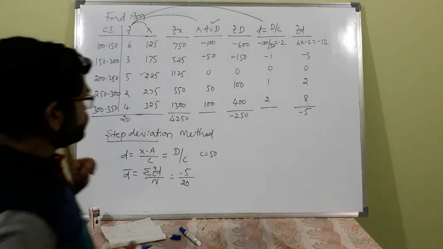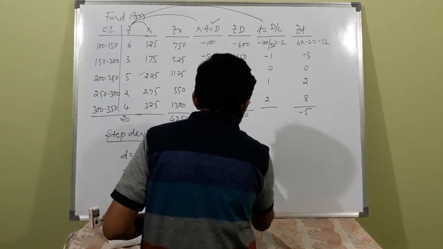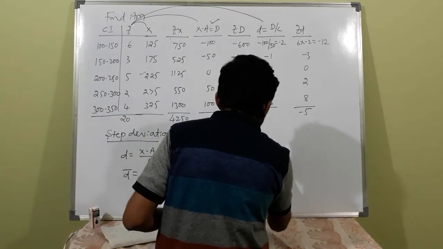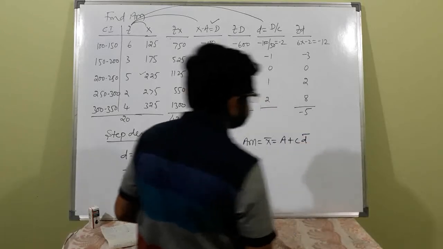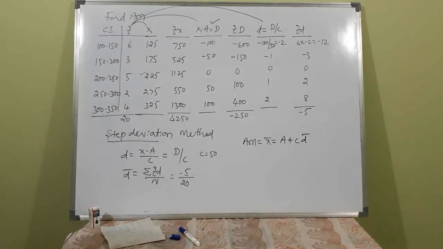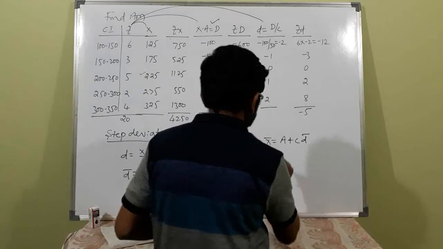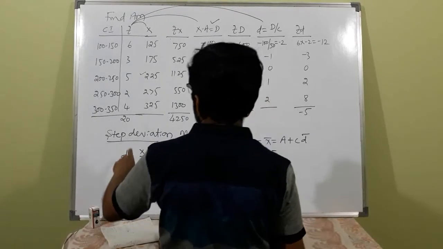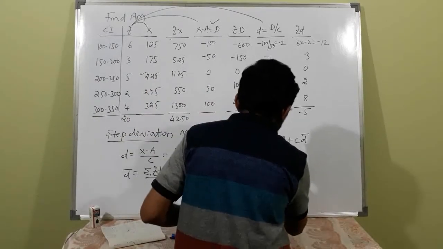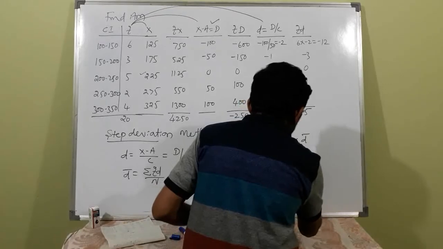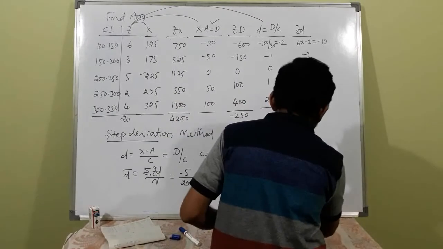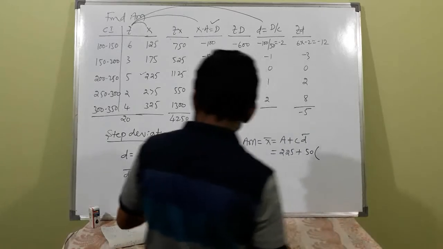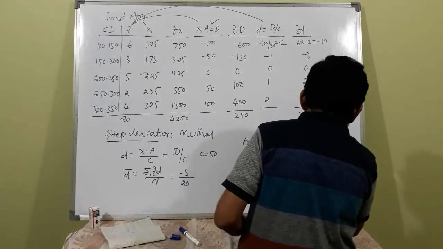Now the arithmetic mean in step deviation method is a plus c into d bar. A plus c into d bar. A is how much? 225. 225 plus c is 50, into minus 5 by 20.